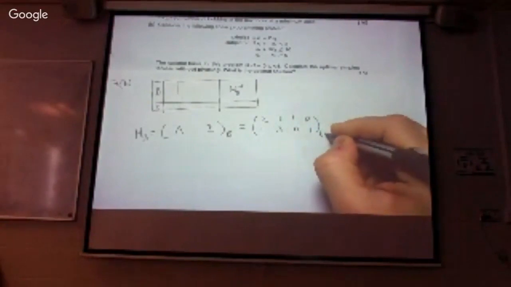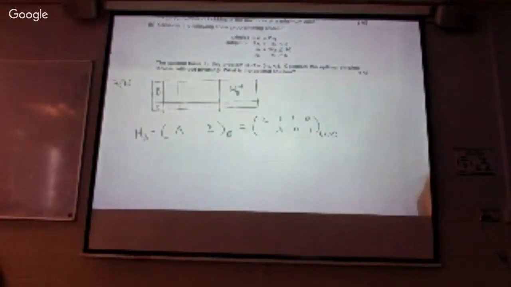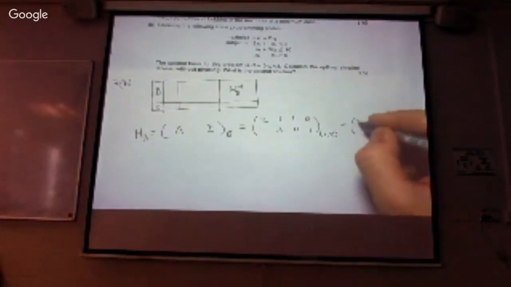You want to take the first and the second column of this. In this particular case, you don't get anything other than the matrix A back, which is 2, 1, 1, 3.